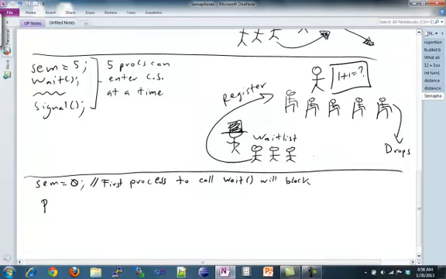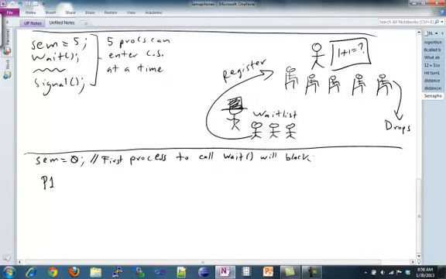So for example, suppose we have a process 1, and process 1 is going to do some stuff, and then it's going to call wait, and then it's going to do some more stuff. Okay, and then we have a process 2, and process 2 is going to do some stuff, and then it's going to call signal, and it's going to do some stuff.